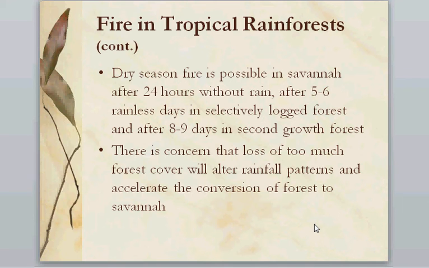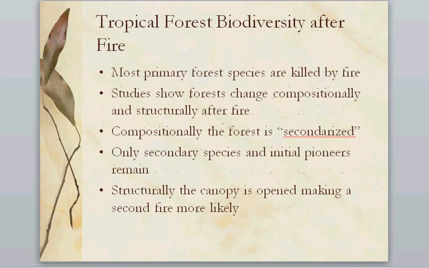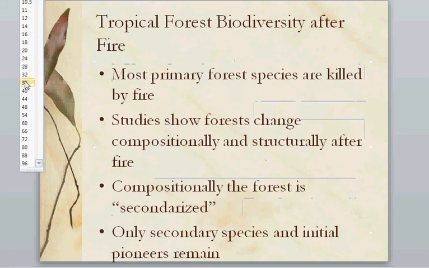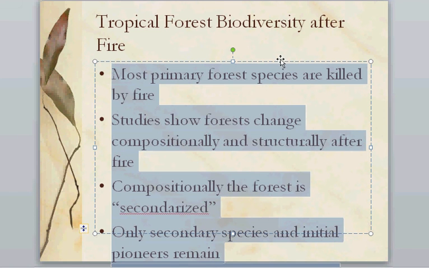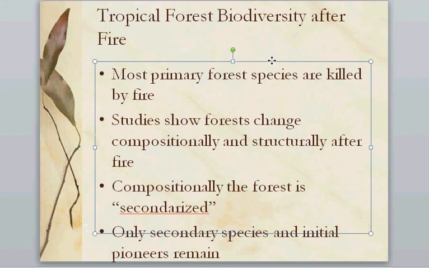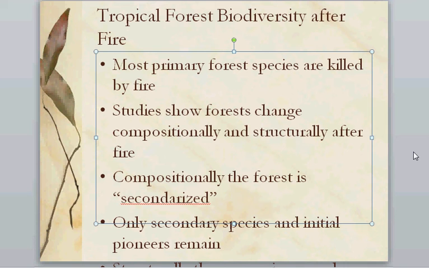So, in a tropical forest, most primary species are killed by fire. They are not adapted to fire at all. Okay? So most forest species are killed by fire.